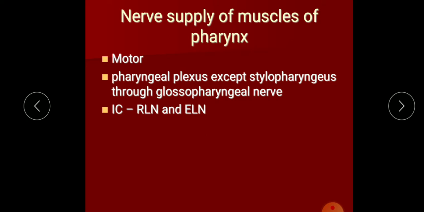This statement should be there in your mind always. All the muscles of the pharynx are supplied by the pharyngeal plexus except stylopharyngeus, which is supplied by the glossopharyngeal nerve. Okay, so that is a very rough statement I have mentioned. Some more details of that you should be able to say. Can I say that? Okay.